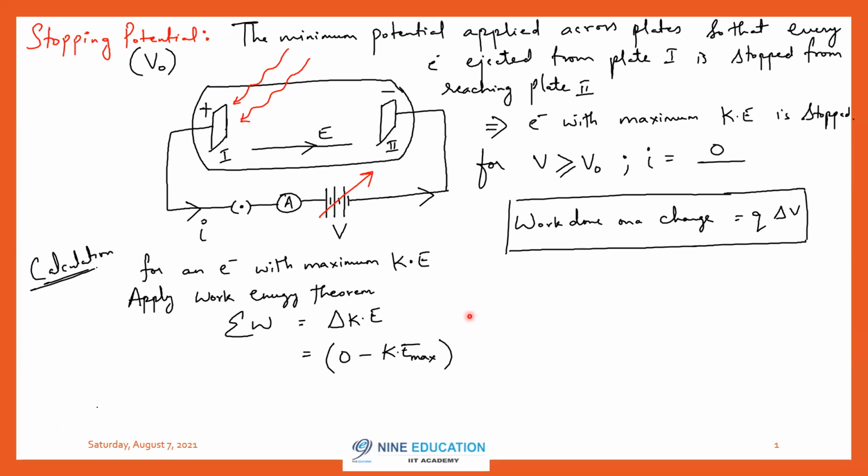So I want to find the work done by the electric field here. What is the charge here? Electron. And what is the change in potential? I'll reconstruct this statement.